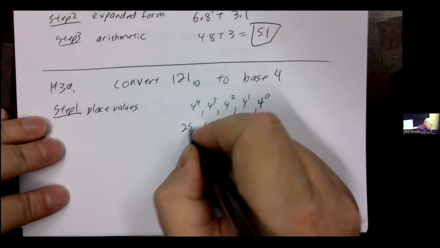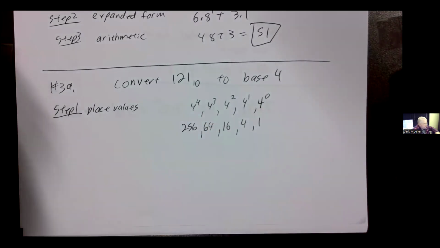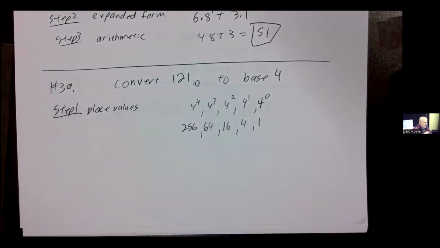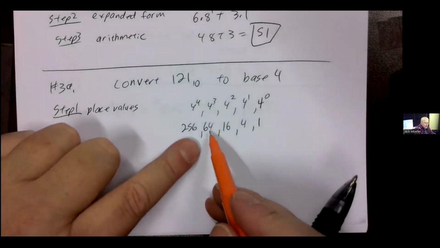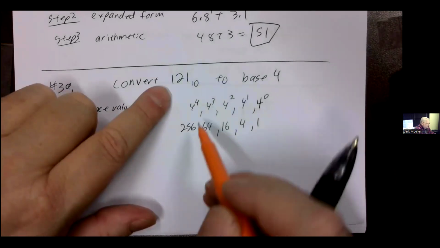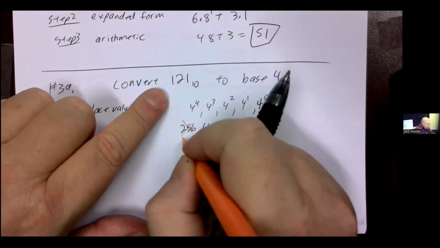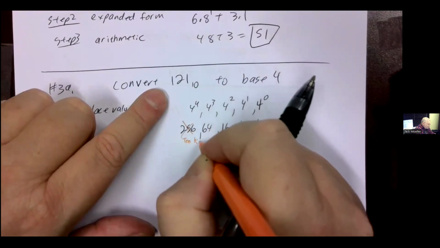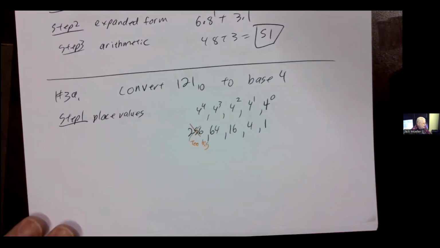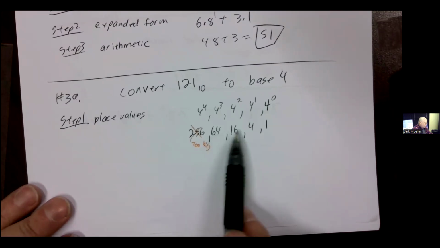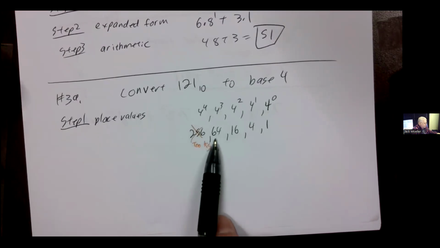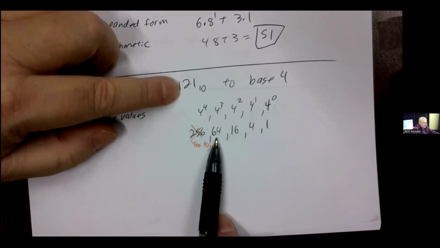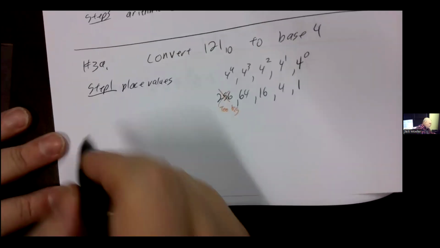So how do you know how many place values you need? Again, if you've done the homework, you've seen this before, but we want the place value that we start with to be a place value that's not too big. So 256 is more than 121, so that's too big. So that means we're going to have to do 1, 2, 3, 4 divisions. And you always start with the biggest place value that fits in the number. So you come over here to the side.